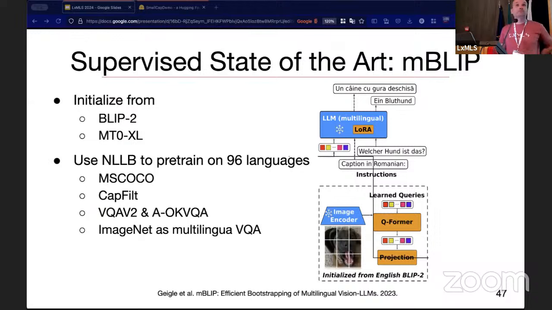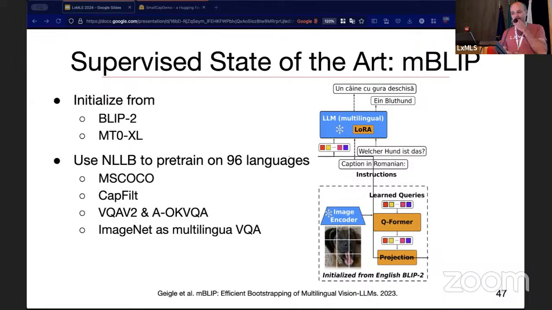And then if we accelerate forward in time, the supervised state of the art is now represented by a model called mBLIP, which is initialized from a model called BLIP-2, and it has an mT0-XL language model in its representation. And then they used the NLLB translation model to pre-train on translations into 96 different languages of some very large data sets, for example, MS COCO, a CapFilt data set, VQA data sets.